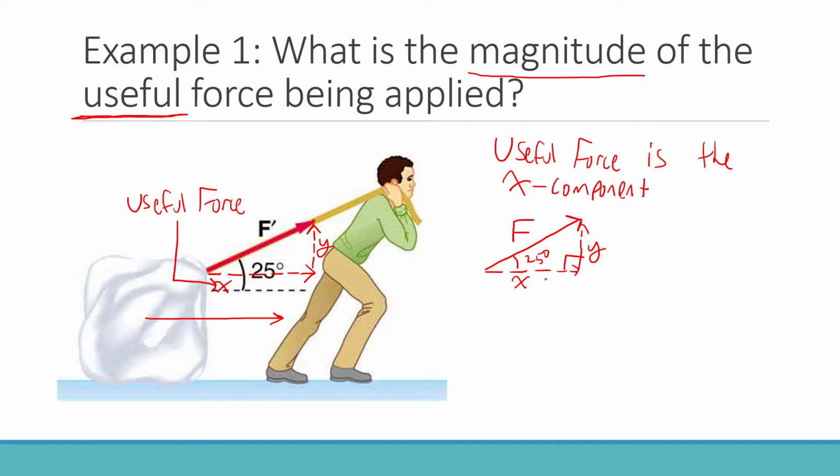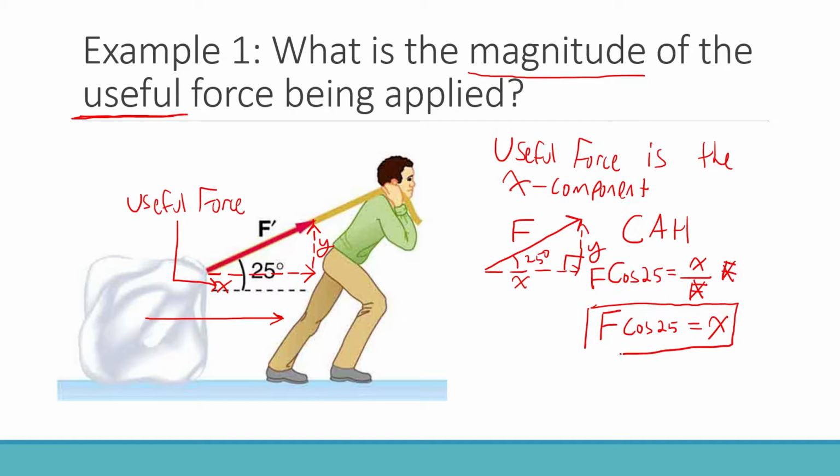This is the adjacent side to the angle, so we'll use the CAH part of SOHCAHTOA. So we can say cosine 25 is equal to the adjacent side over the hypotenuse. If I multiply both sides by F, that'll cancel out the forces. So then force times cos 25 will equal the useful force. There we go. So this is my useful force.